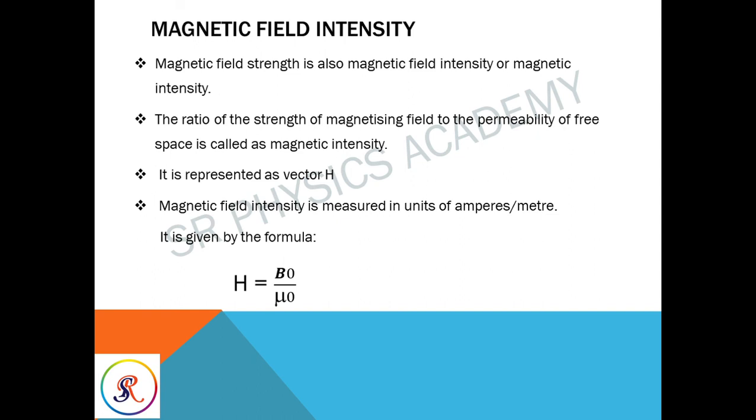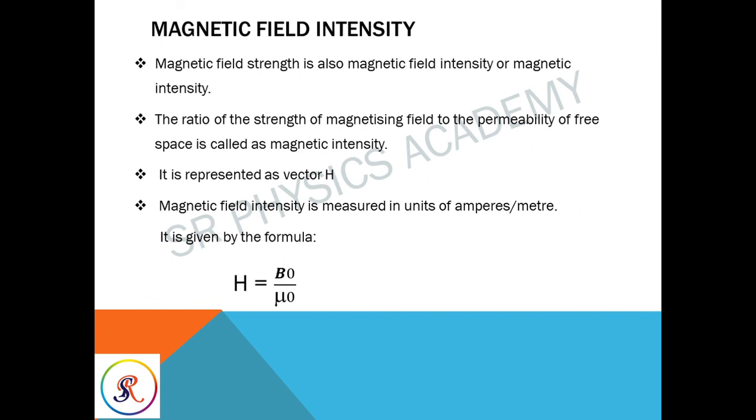Now, what is magnetic field intensity? Magnetic field strength is also called magnetic field intensity or magnetic intensity. We can say that magnetic intensity is the number of magnetic lines of force passing normally per unit area.